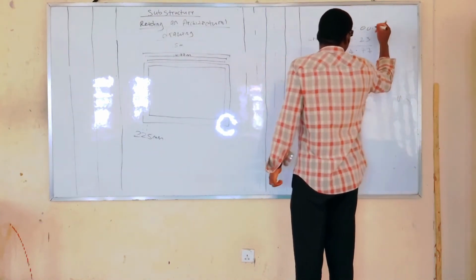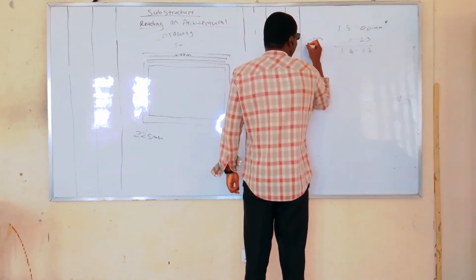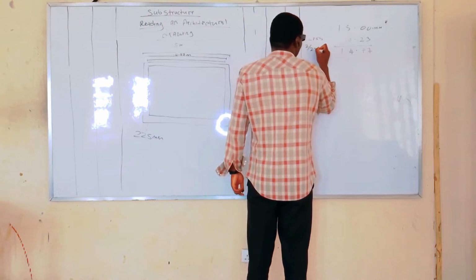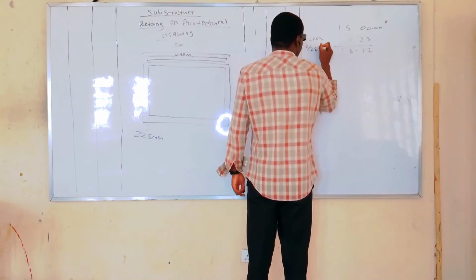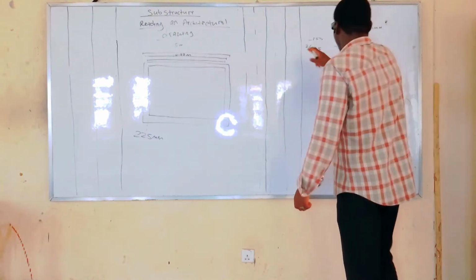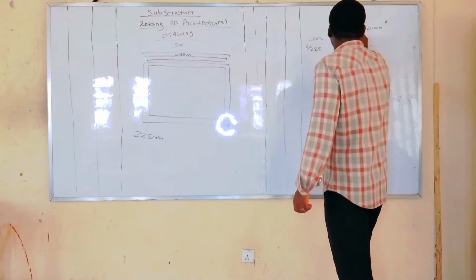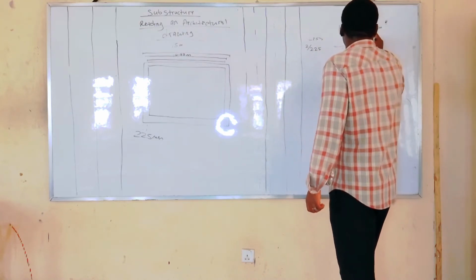So this is 15 meter, the dimension of the block, or the out to out, less 2 by 225, which will give us 450, right? So that will be 0.45.